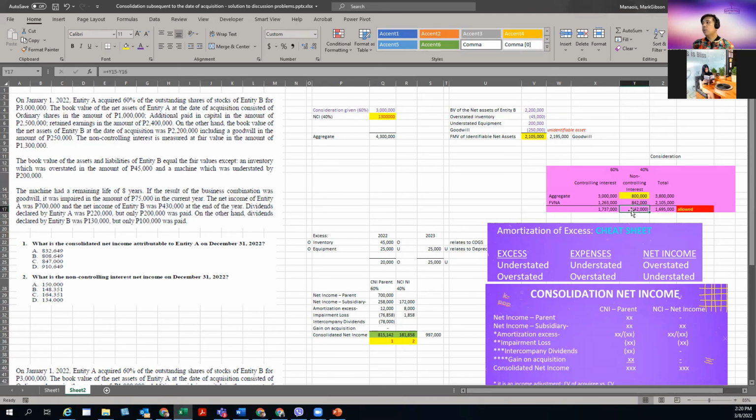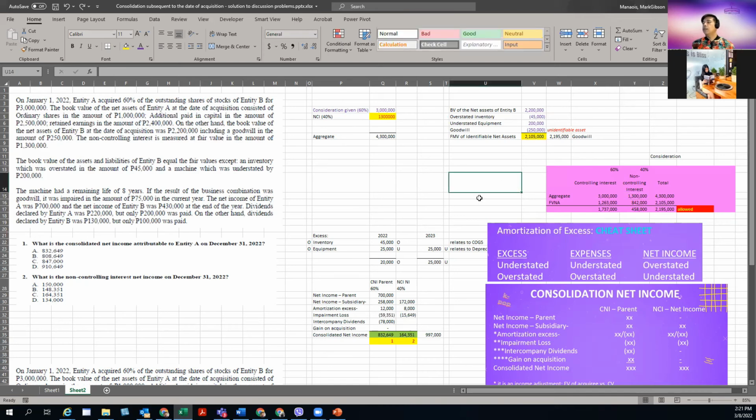So, therefore, what we're going to do is we'll use 842,000 as the minimum share, minimum valuation for the non-controlling interest. So, like I said, I have discussed this in detail in my previous discussion. So please take time to rewatch that. So balik ko lang yung data natin.